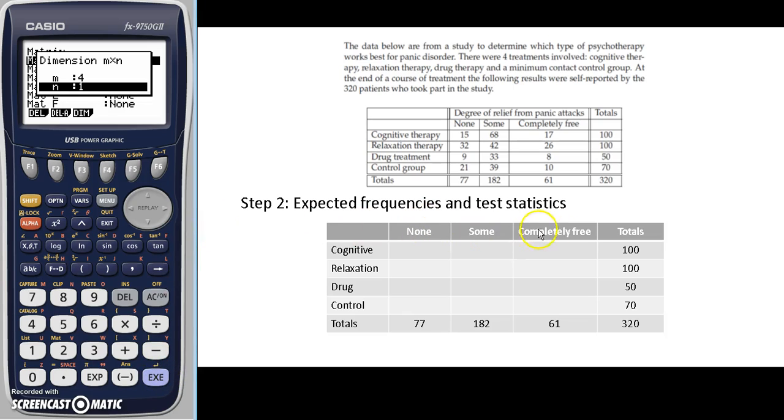And N is the number of columns, so we've got 3 different categories for the degree of relief. So we've got 3 columns, and execute. That brings us to a matrix where we can now enter these observed values.